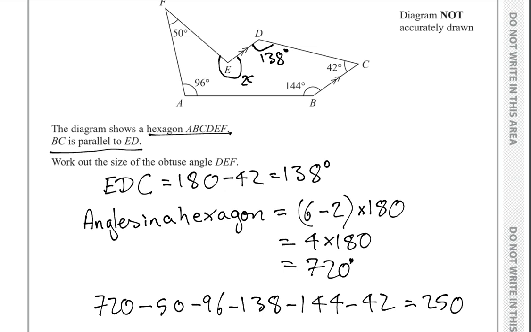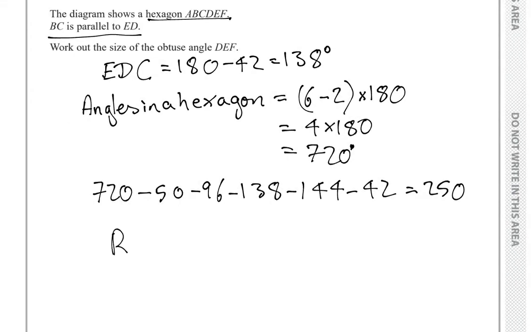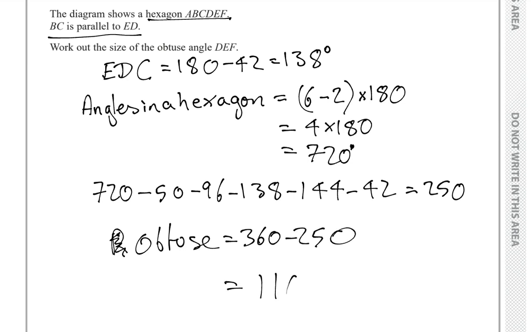So this here is 250 degrees, and it says work out the size of the obtuse angle. So obtuse is more than 90, but it's less than 180. This here is the reflex angle, so it's saying actually we want to have this one here. So the obtuse angle is 360 minus the 250, which is 110 degrees.